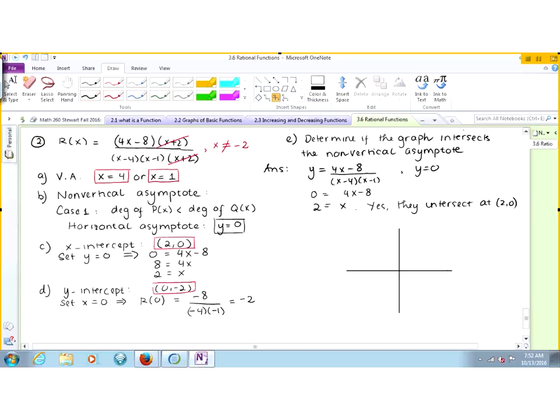So now let's graph. This is x, this is y. All right, so it's negative 4. 1, 2, 3, 4. So this is x equals 4.